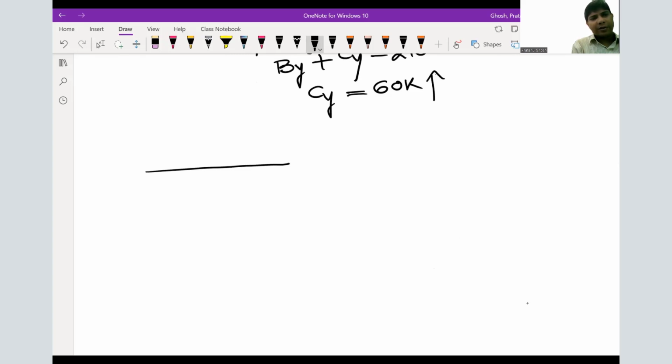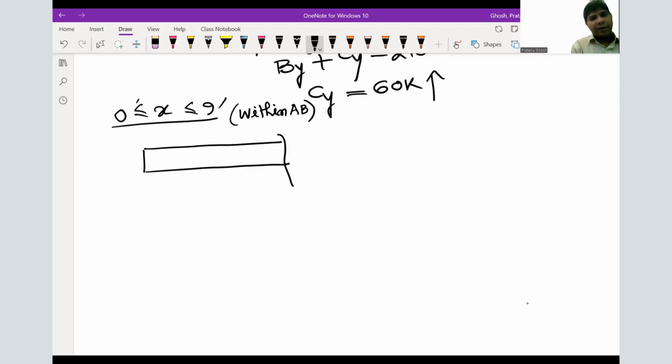So first segment we are going to do 0 to 9 feet x within AB. So starting from A, we are cutting within AB. B has not yet been reached. So at the distance x we are cutting. Our aim is to find V and M.